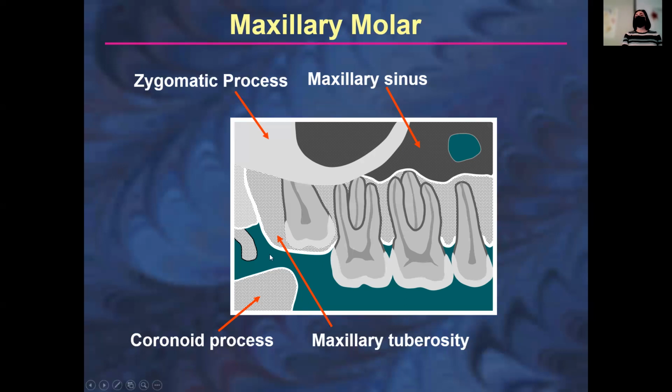Then you have the maxillary tuberosity, and here's a third molar. It could be part of where the third molar, if it's unerupted, would be in that area. Or if there's no third molar there, it would just be that last bit of structure and bone that's behind the last molar. And then you can see the zygomatic process, and you can see the maxillary sinus.